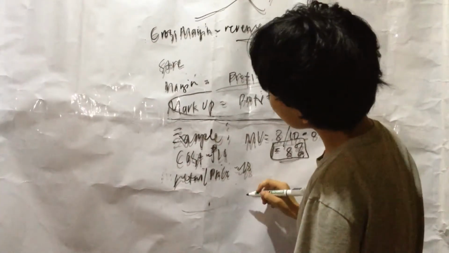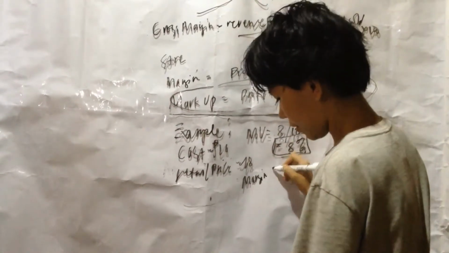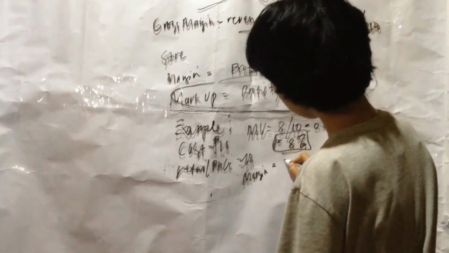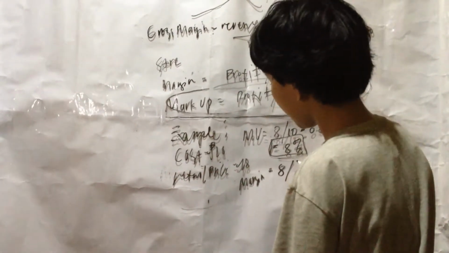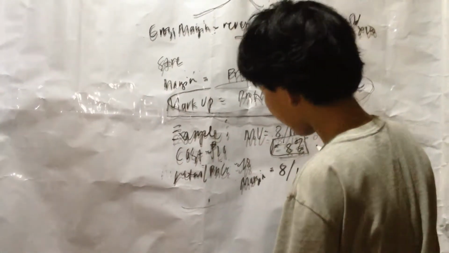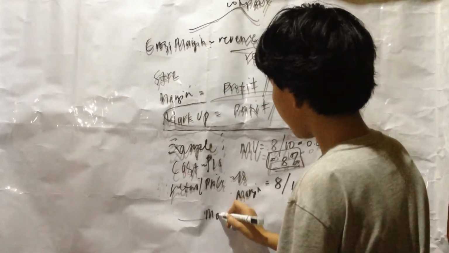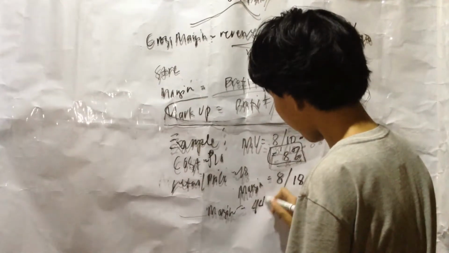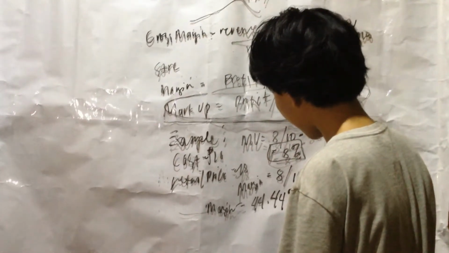How about naman sa margin? Sa margin, yung profit natin is 8 din. Pero, ang retail price natin ay nagkakalaga ng 18 pesos. Ngayon, 8 over 18, ang margin na makukuha natin is 44.44%.